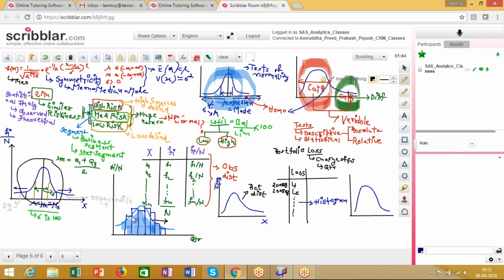A large part of this distribution is covered, falls under the theoretical curve. Hence, my conclusion is that this distribution is normally distributed.